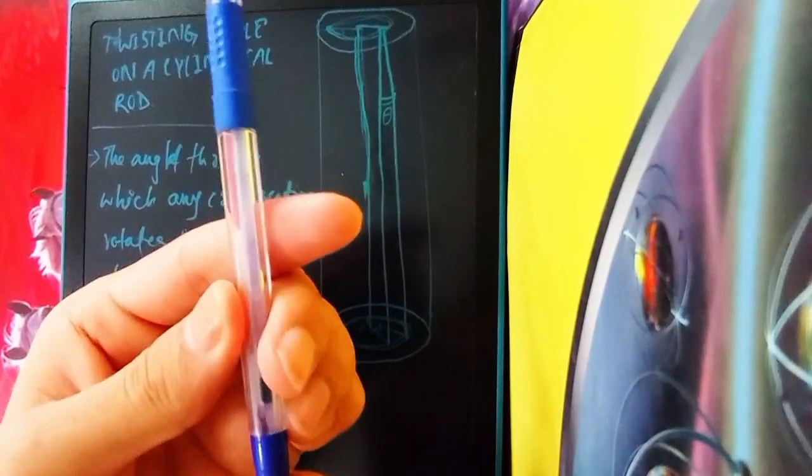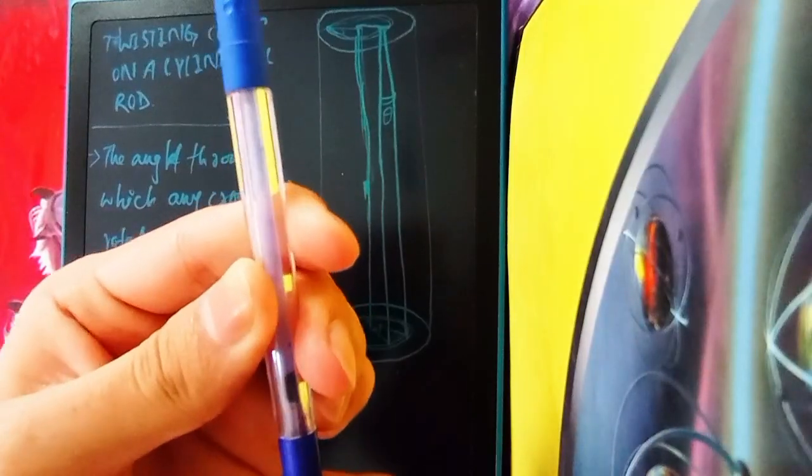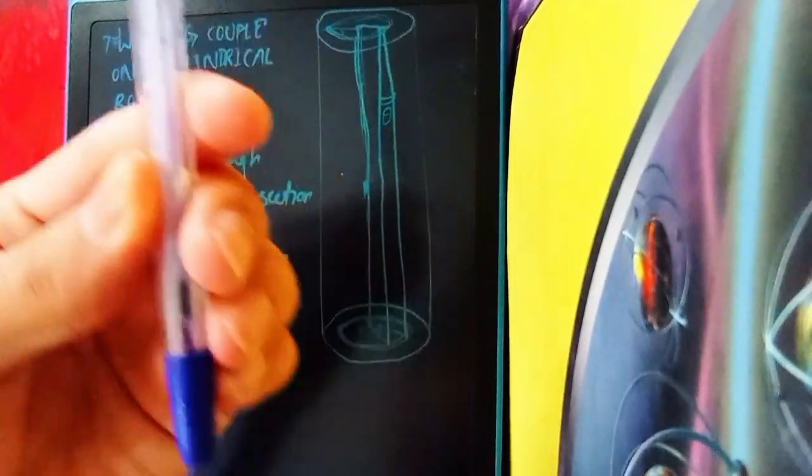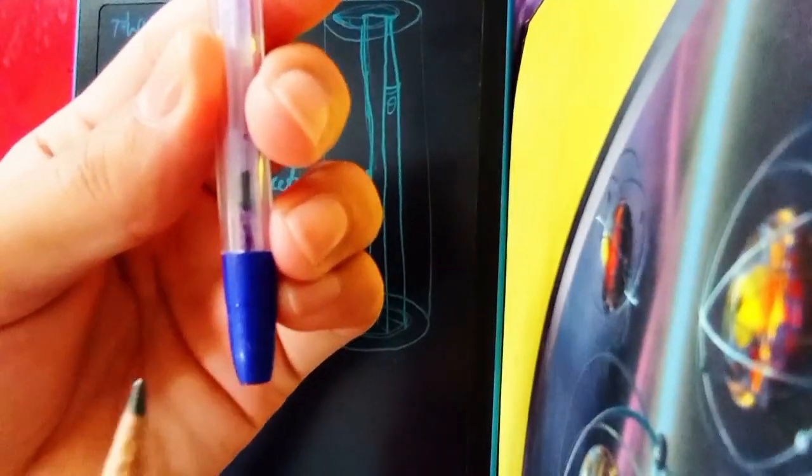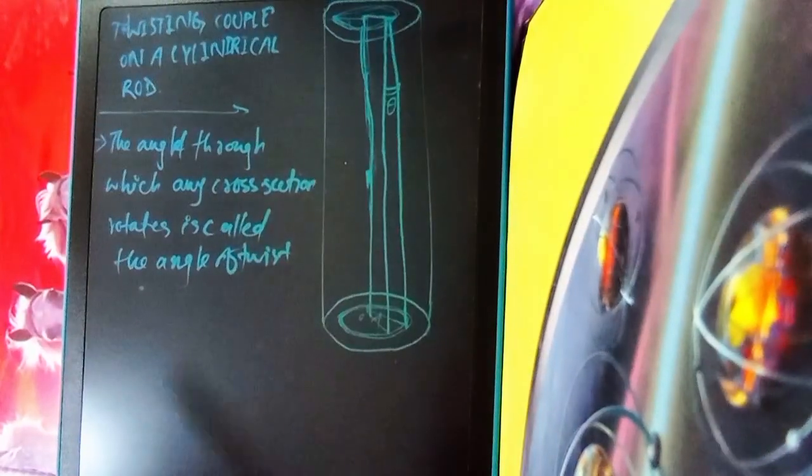Originally it was here, and when we twist it, it becomes like this. So the angle from before twisting to after twisting that is made is called angle of shear, and we denote it by I here.